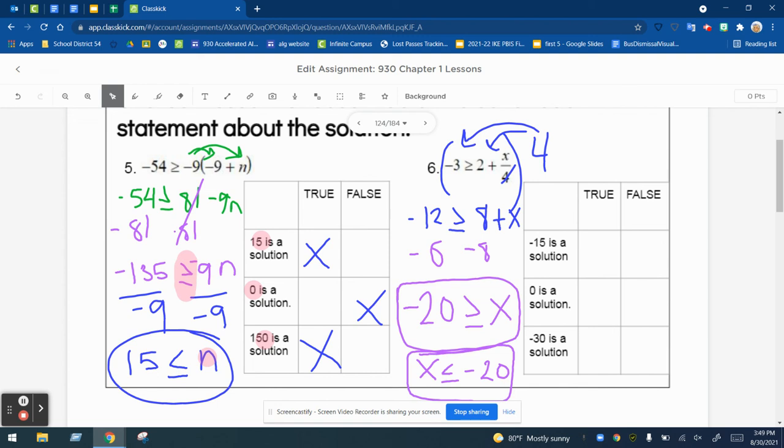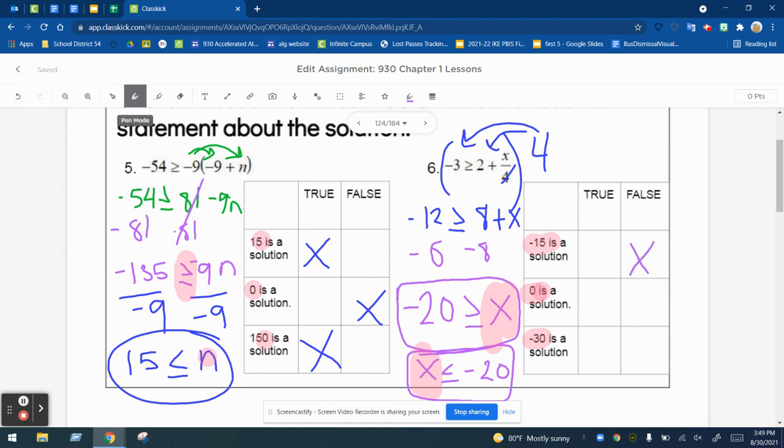So now I'm deciding if these numbers would make a true statement by substituting them in for x. So let's say I said negative 15. Is negative 15 less than or equal to negative 20? Nope.